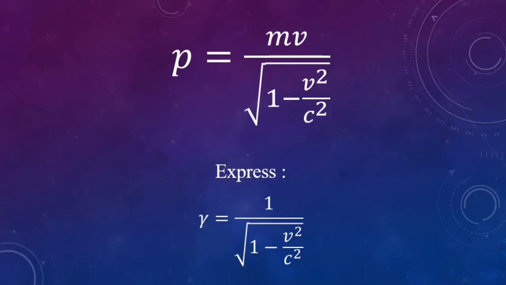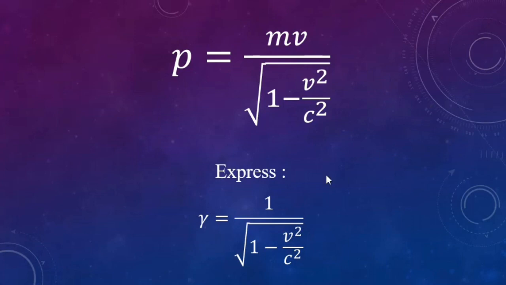We also have to give emphasis on relativistic momentum. We were able to derive that it is equivalent to mass times velocity divided by the square root of 1 minus v squared over c squared. We can also express 1 over the square root of 1 minus v squared over c squared as gamma. So relativistic momentum is gamma times mass times the velocity.